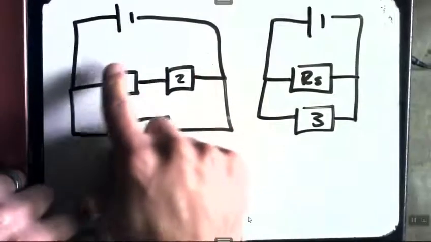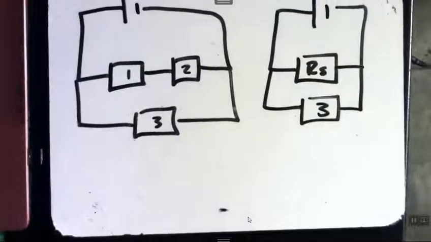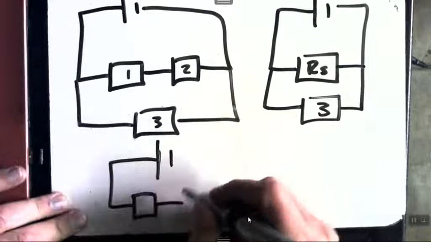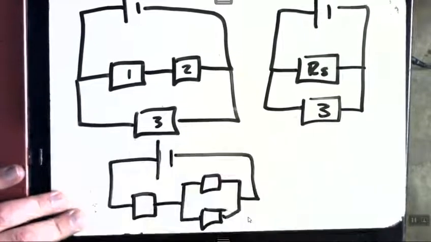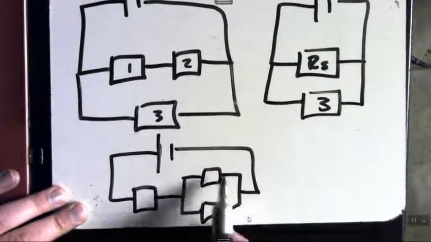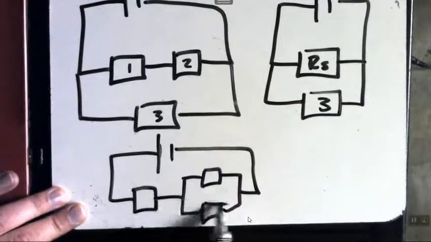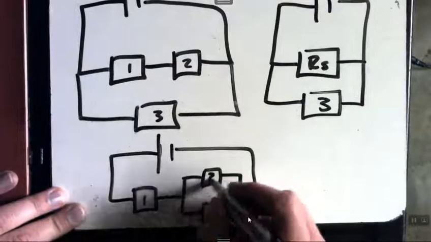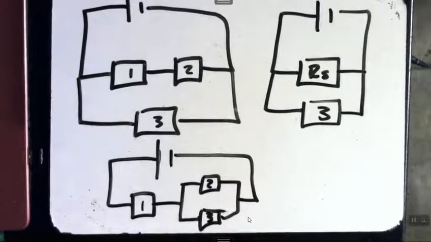So here we've got a series circuit inside a parallel circuit, and the other one we had a parallel circuit inside the series circuit. Here we go to the circuit inside the circuit, and that is the philosophy or the way that we will approach a mixed circuit question.